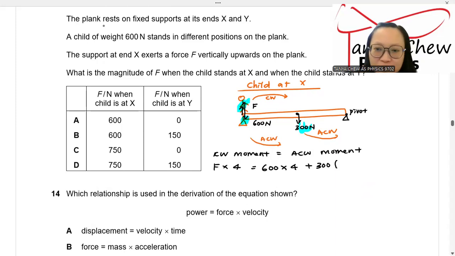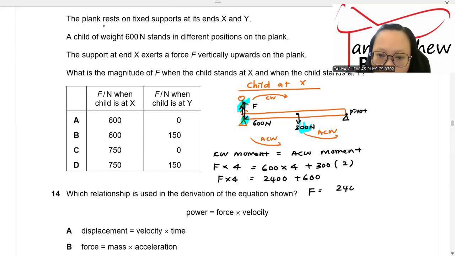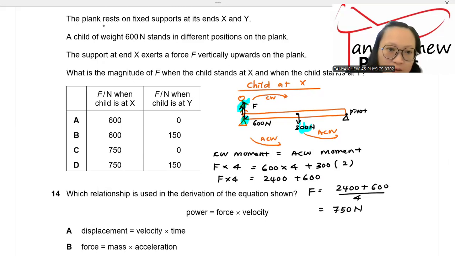So F times 4 is equal to 600 times 4, which is 2,400, plus 600. F is equal to 3,000 divided by 4, and you get 750 Newton. So it could be C, could be D, right?